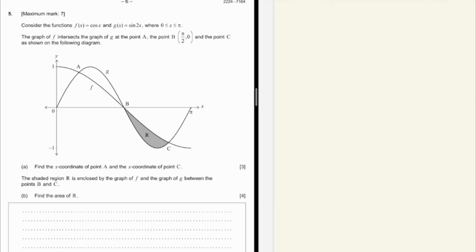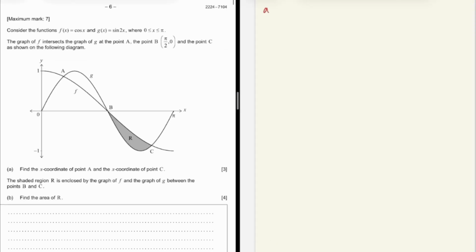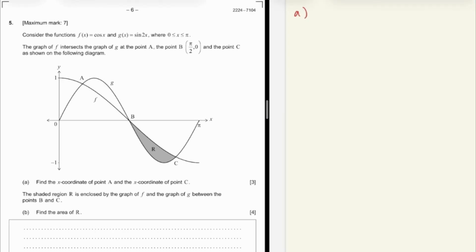Question 5. So for part A, we know that point C is an intersection of the two functions, and thus we could equate that cos x is equal to sine 2x.